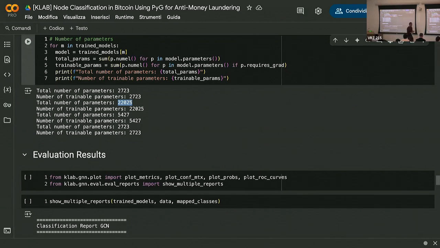And this is related to the fact that, as you remember, the weight that we assign to the edges is also learnable. So this has a huge impact in terms of the number of parameters that graph attention networks have. For GraphSAGE, we have just a bit higher number compared to graph convolutional networks.